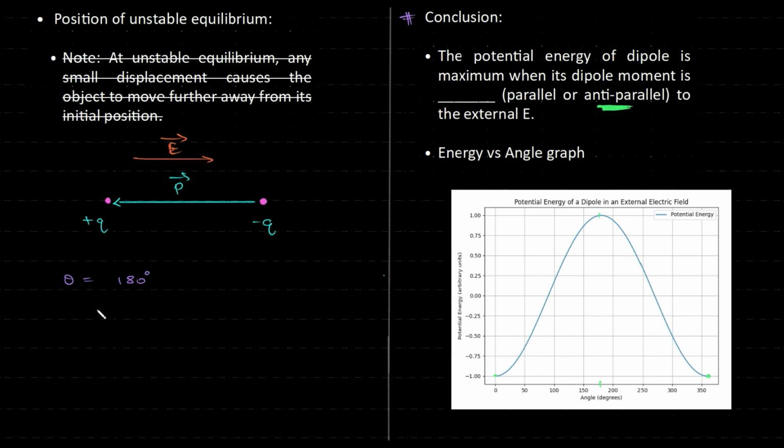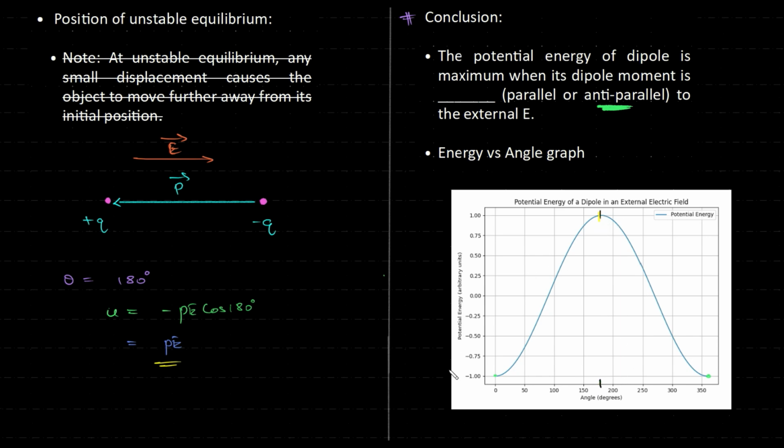So here, the expression of U will be minus PE cos of 180 degrees. What is cos of 180 degrees? Yes, minus 1. So it will be PE. So this is a positive value, is it not? So at 180, it's the positive value. Correct.